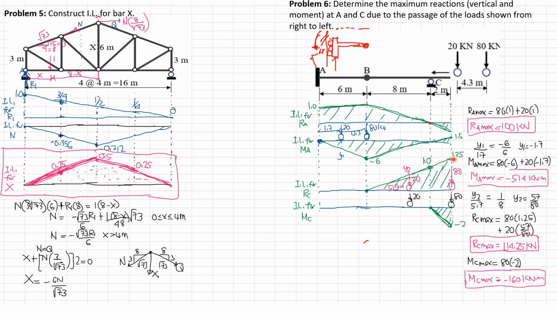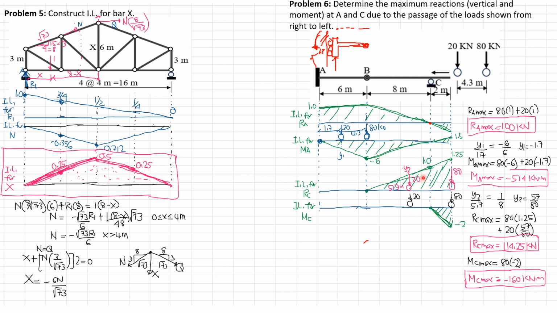Then we compute this ordinate by similar triangles. This is 1.25. It is calculated by y as to 8, 1 as to 8 equals y, or y for R sub C, as to 10.